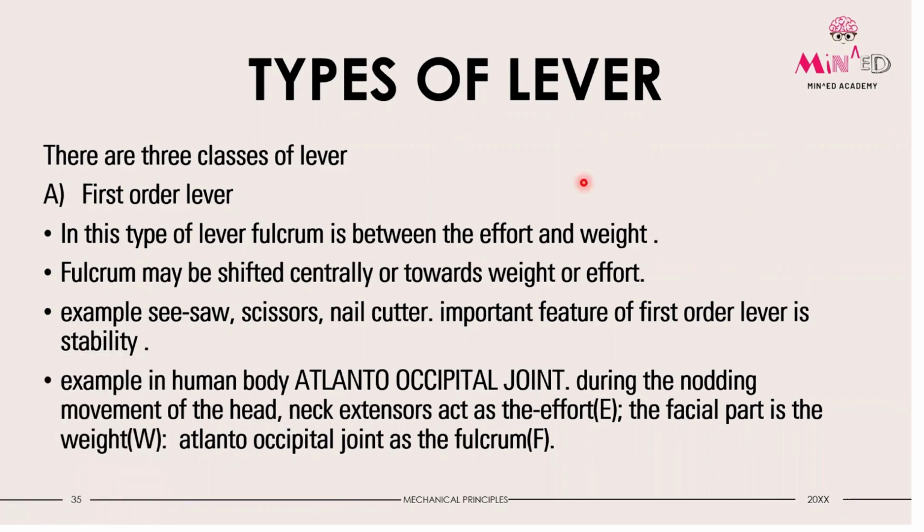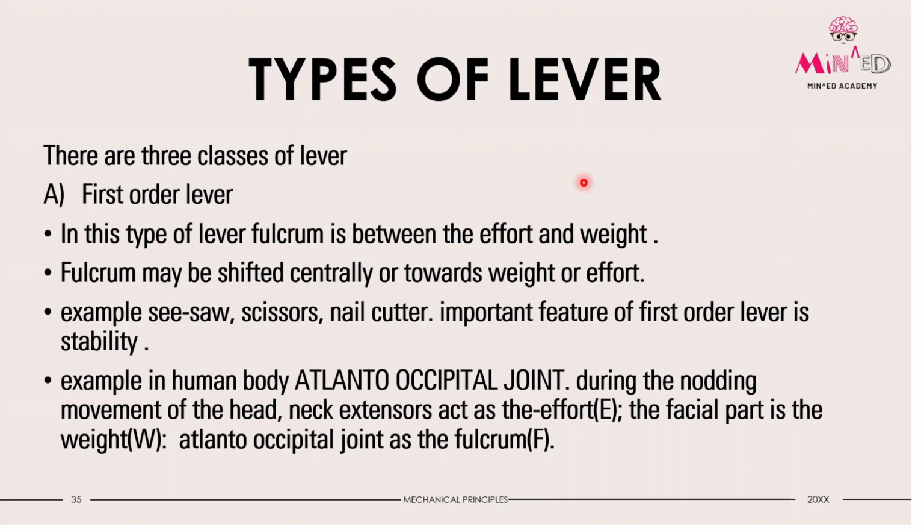So, what is first order lever? In this type of lever, fulcrum is between effort and weight. So fulcrum may be shifted centrally towards weight or effort. For example, we have seesaw, scissor, nail cutter, and the most important feature of the first order lever is stability.